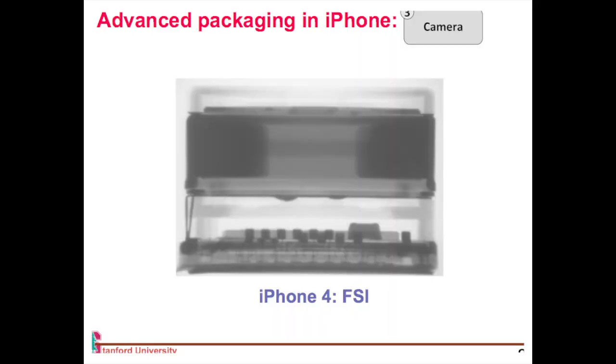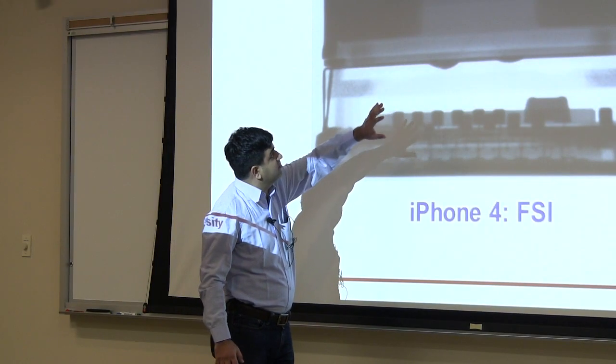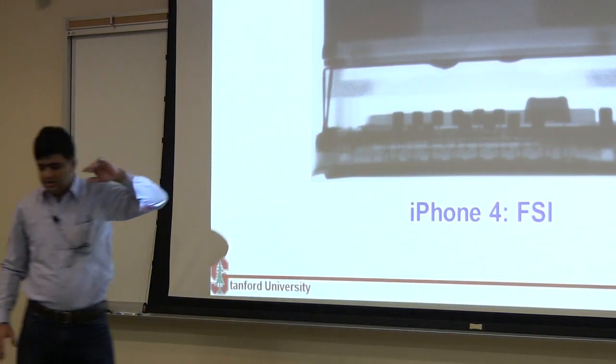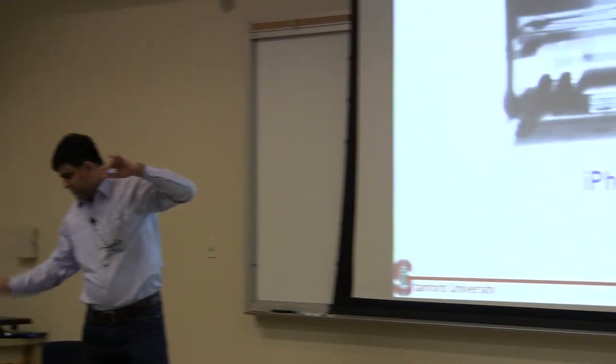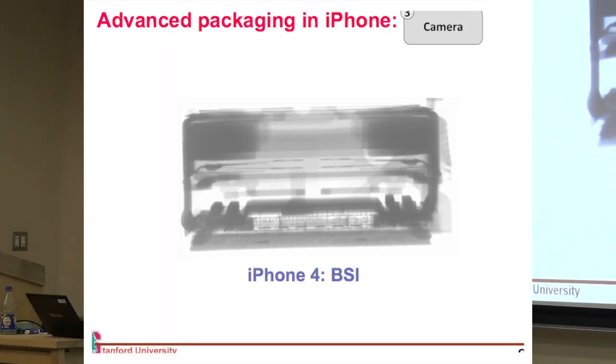Here's the image of your iPhone 4. This is the X-ray image looking into your iPhone 4 camera, and that used to have front side illumination. You can see these metal wirings on the top, and there are lenses on the top as well. This changed substantially when people moved to, it should be iPhone 4S, I apologize.